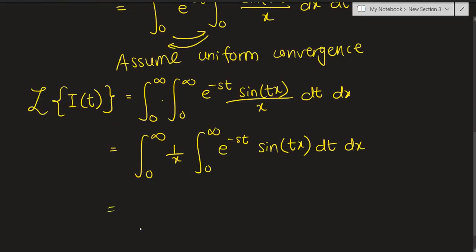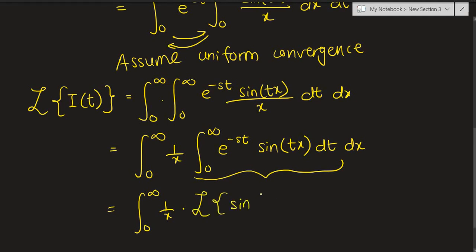And what does this become? This is the integral from 0 to infinity of 1 over x times, well, notice that this is nothing but the Laplace transform of sine of tx, right? And a dx. And notice that we have a function of t. So our Laplace transform makes sense.